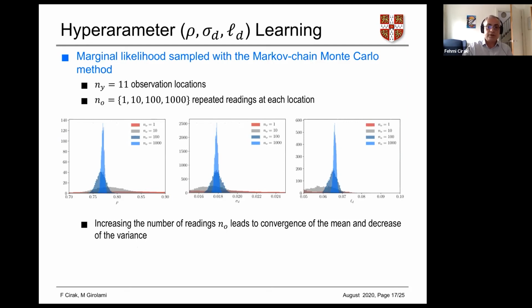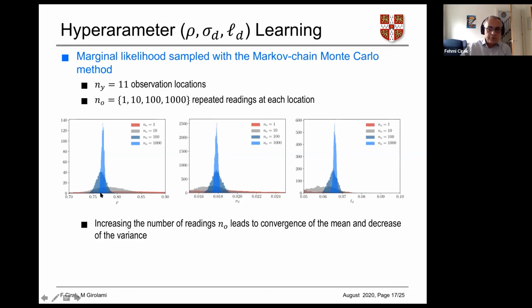Before we do that, for each case we first determine the hyperparameters rho, sigma, and L associated with our statistical model. I have plotted here only the case where we have 11 observation locations and different numbers of readings. Okay? So here on the left we have the rho parameter, the sigma parameter, and the L parameter on the right.